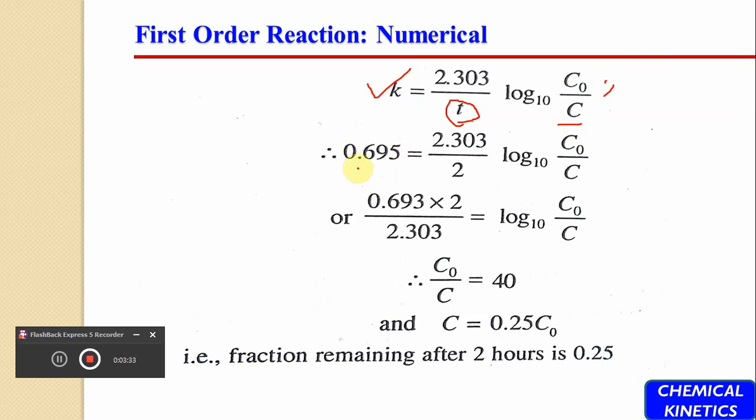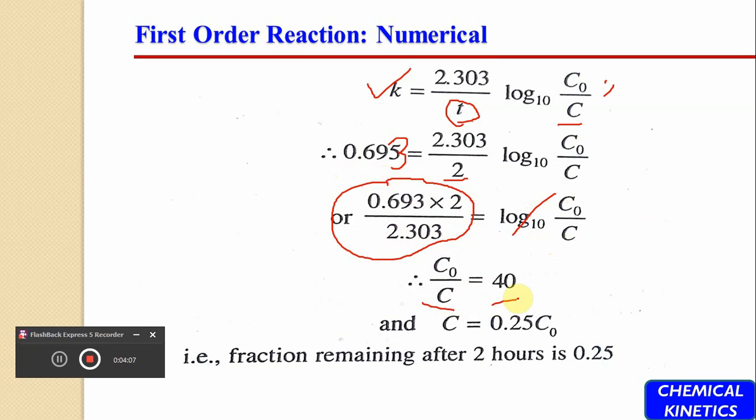By putting these in, it should be 0.693 equals 2.303 upon 2 log of C0 upon C, where 2 is the time in hours. We can write this equation as log of C0 upon C equals 0.693 into 2 divided by 2.303, and whatever answer we get here, we take the antilog of this, and then the log will be removed and we will get C0 upon C, and that will be equal to 4.